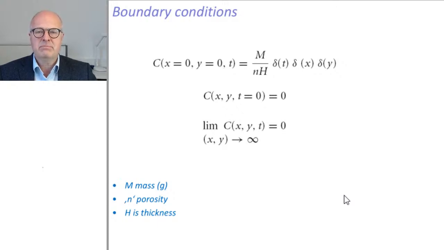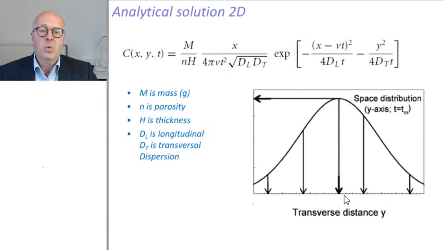So this is our impulse, our start. And we assume that at the end of the experiment, concentration will go back to 0. If we have these boundary conditions, we can solve this differential equation and we get this beautiful equation.